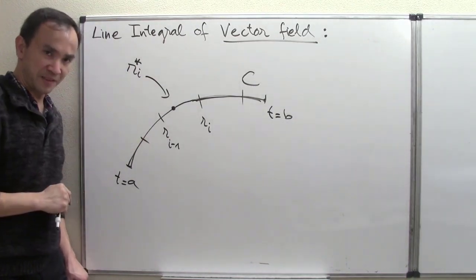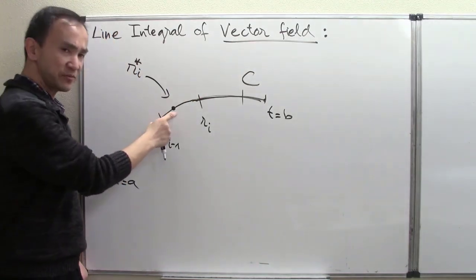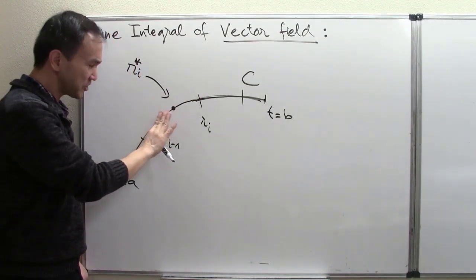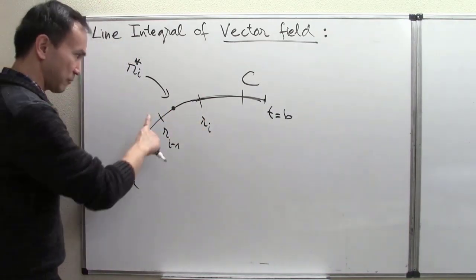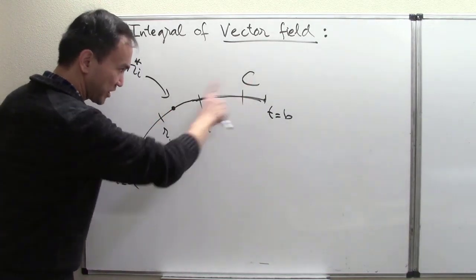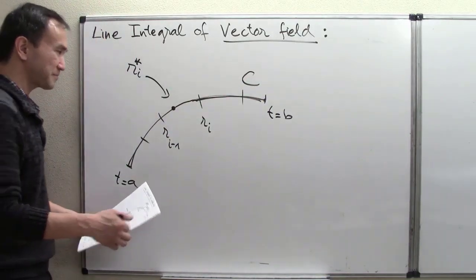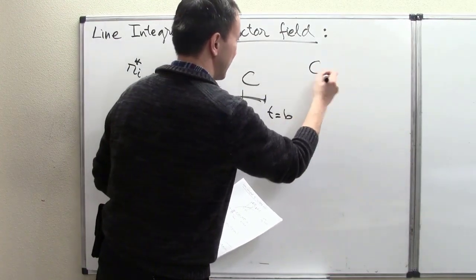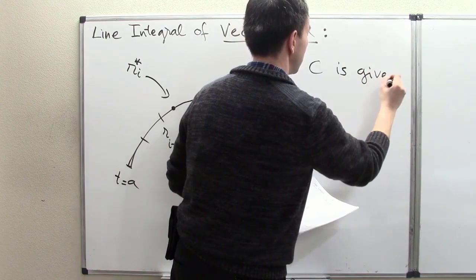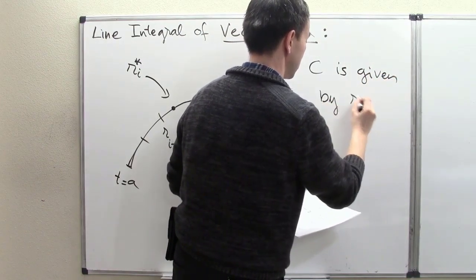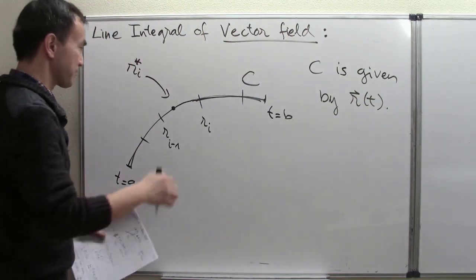Now the idea of the line integral of a vector field is that at each of these sample points on a given path, and of course this path goes in one orientation from t equals a to t equals b, C is given by some vector valued function, could be 2D or 3D.